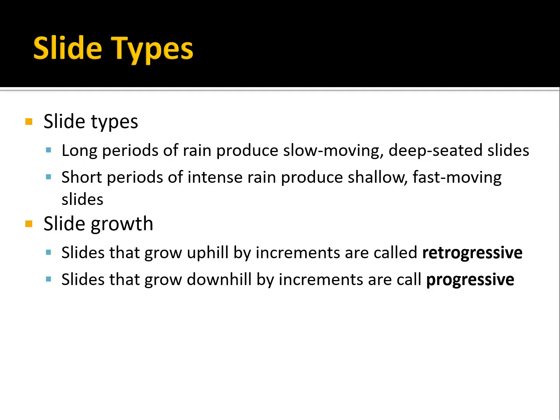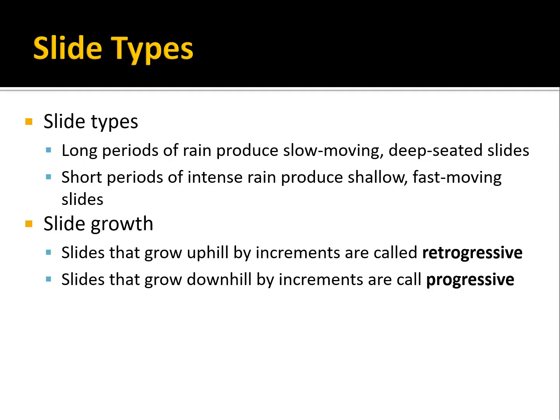There are different kinds of slides that occur. And almost all of these have to do with saturated soils. It's possible to have a slope failure in a dry or partially saturated soil, but most of the big ones, most of the interesting cases, and typically the critical cases involve wet soils, either fully saturated or mostly saturated.